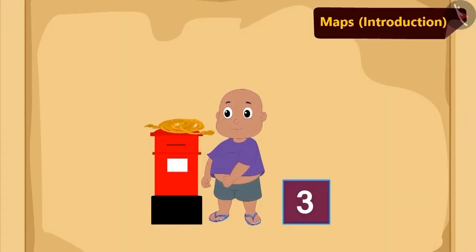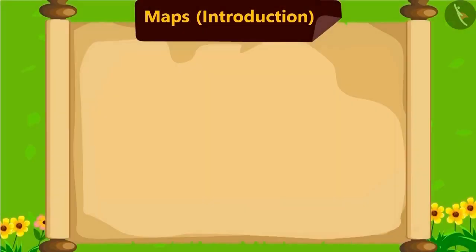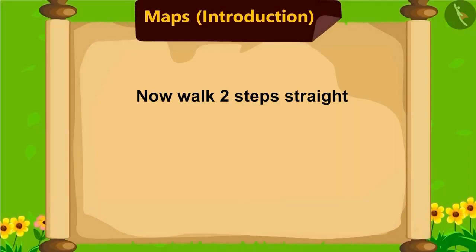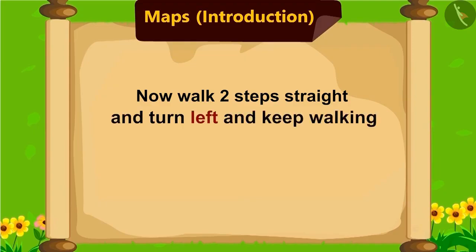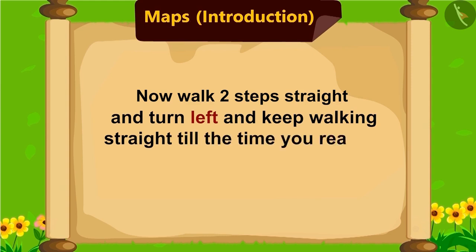He picked up the rope kept on top of it and read the further instruction. Now walk 2 steps straight and turn left and keep on going straight till the time you reach a triangle-shaped tile.